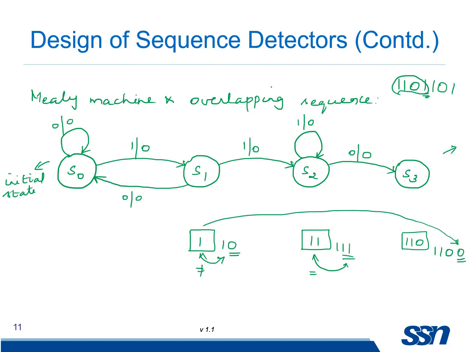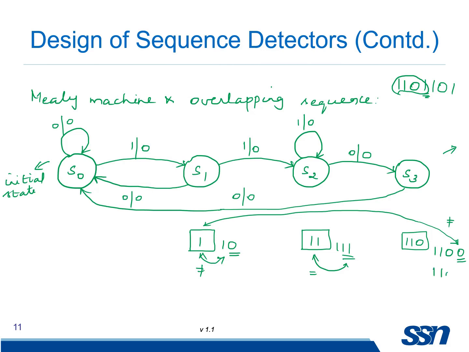Okay. If this is not equal, we go to the initial state. So if I receive 0 as the input, our sequence is broken actually. The 110 sequence is broken, so we need to start afresh.